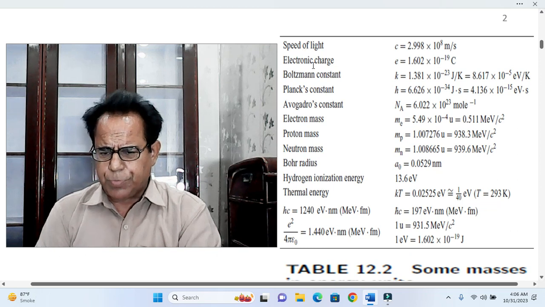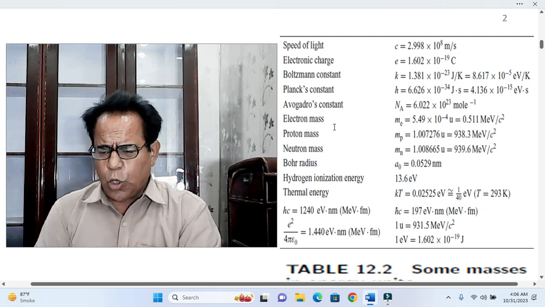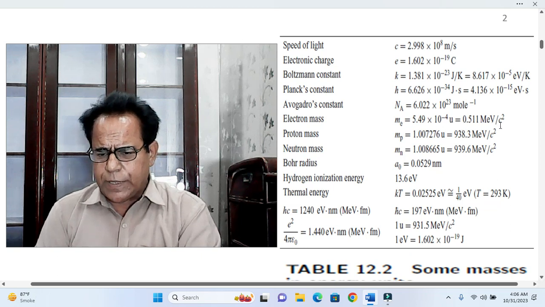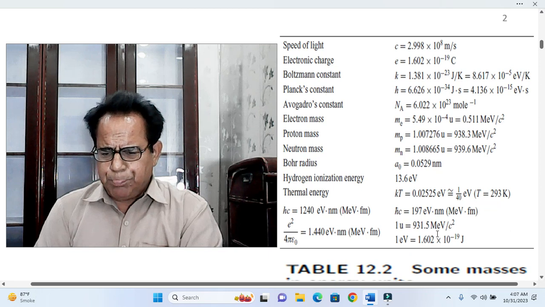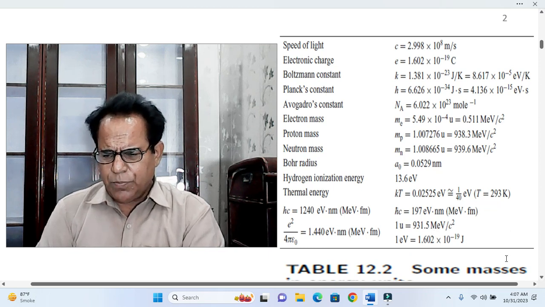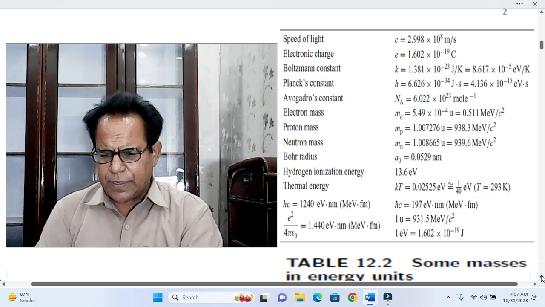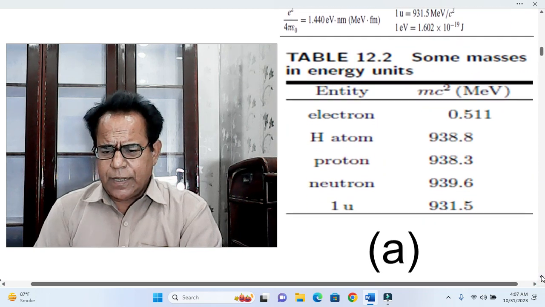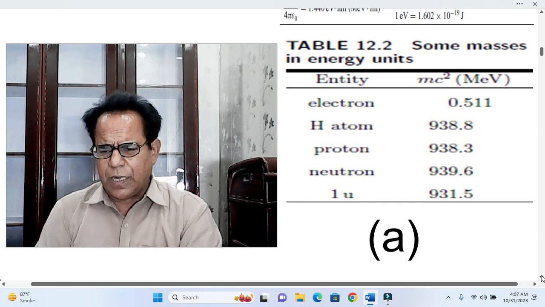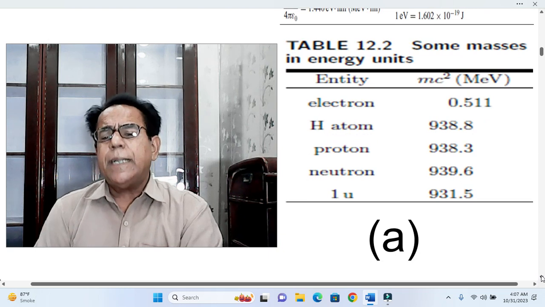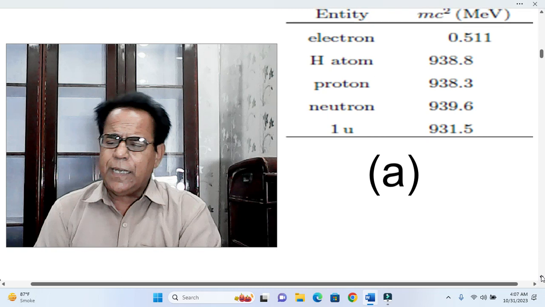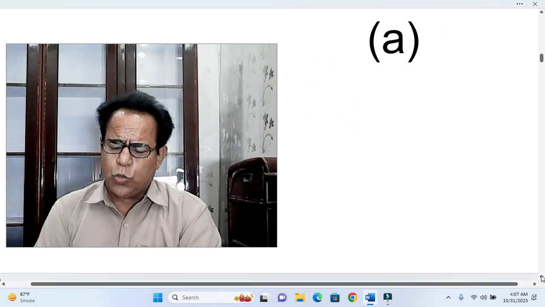Moreover, the electron mass is 0.511 MeV/c². This table is also almost contained in the above table. Anyhow, now we come to the solution in a formal manner.